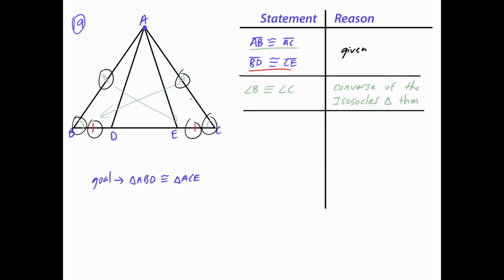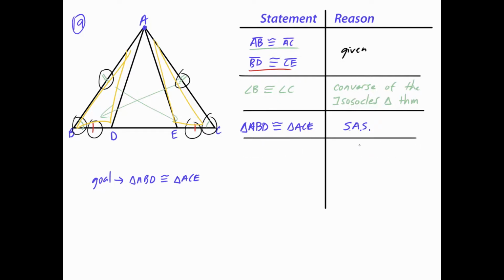Well, that means the triangle here on the left and the triangle here on the right, those are congruent. So triangle ABD is congruent to triangle ACE. And that is by side, angle, side, SAS.